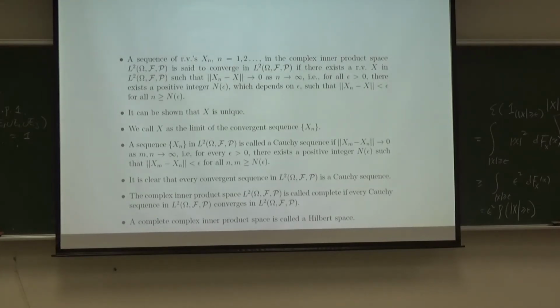Now we have geometry, so we can apply calculus. A sequence of random variables in the complex L2 space is said to converge to a random variable if there exists a random variable X in the L2 space such that the distance between Xn and X goes to 0 as n goes to infinity.